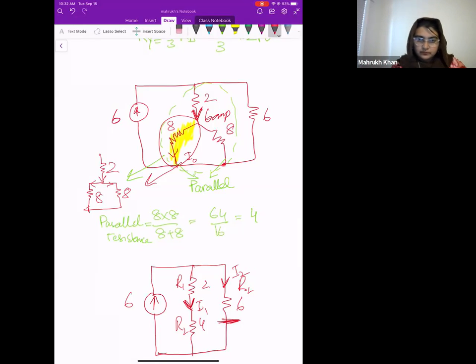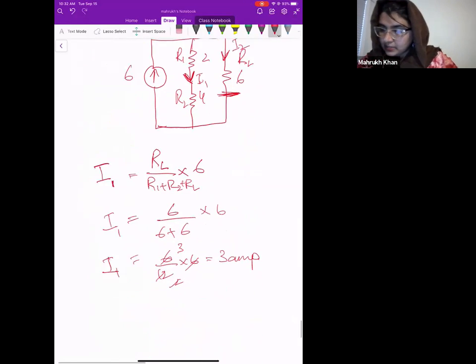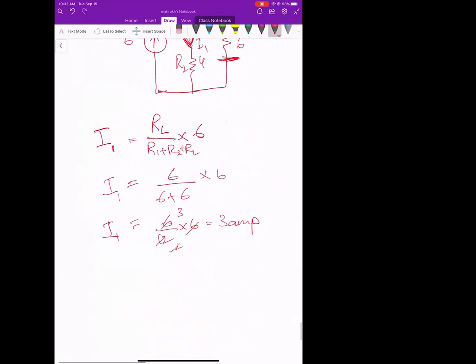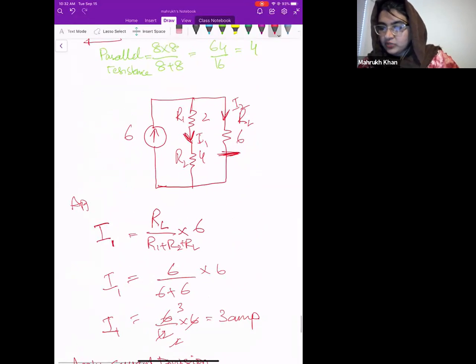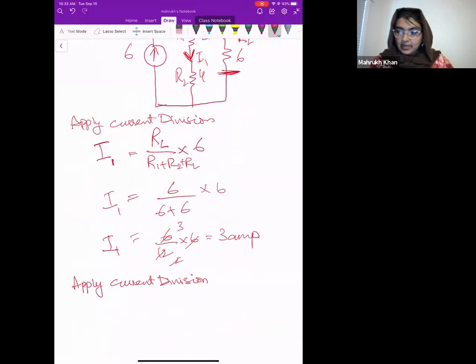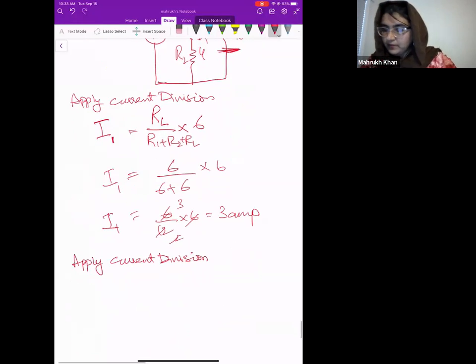Right. So I will apply current division again and try to find I naught. Since both the resistances are the same, could you just divide it by 2? Yes, I can, but I'm just trying to explain how you should do it if they are not equal, right?